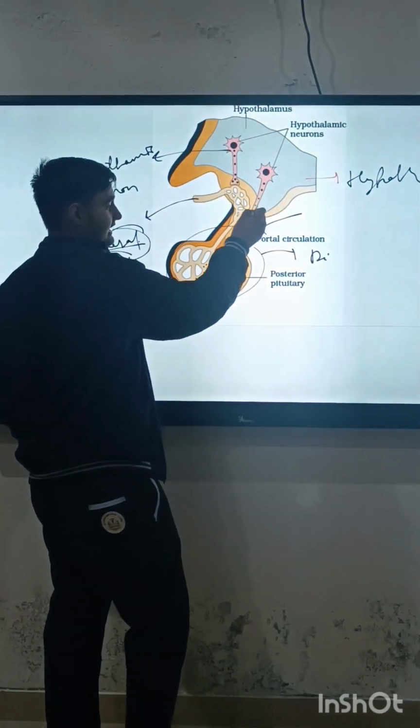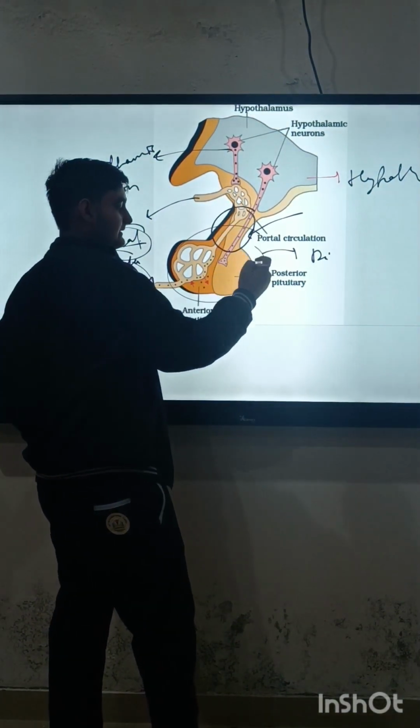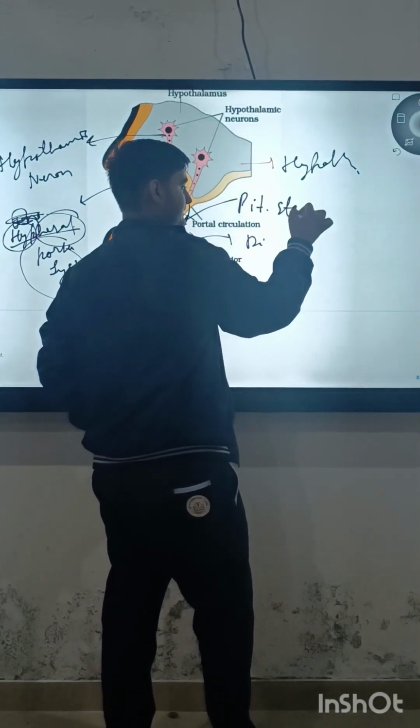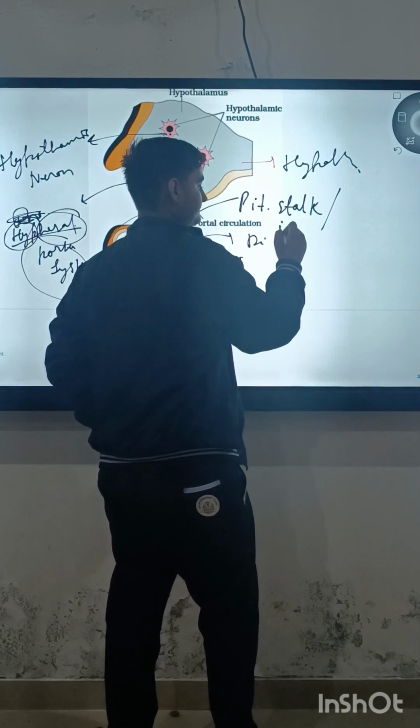This part where the pituitary is attached to the hypothalamus is known as the pituitary stalk or infundibulum.